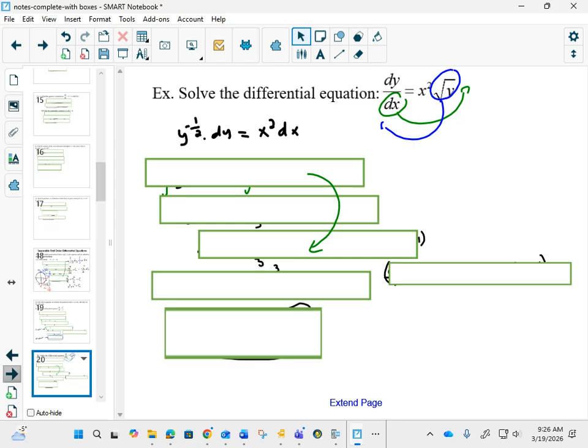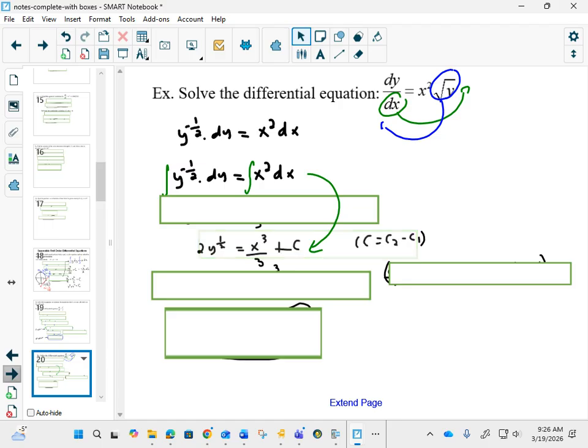Can I integrate both of these? I think so. I'm okay if you skip the step I'm not going to show you.